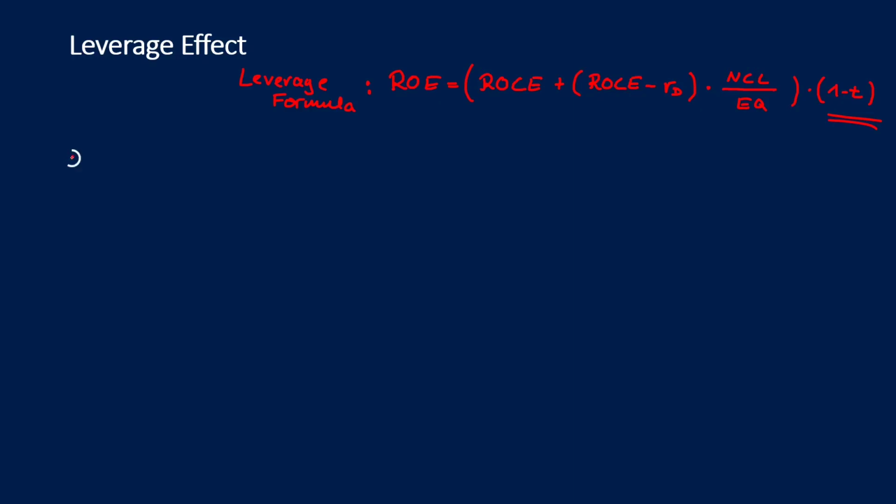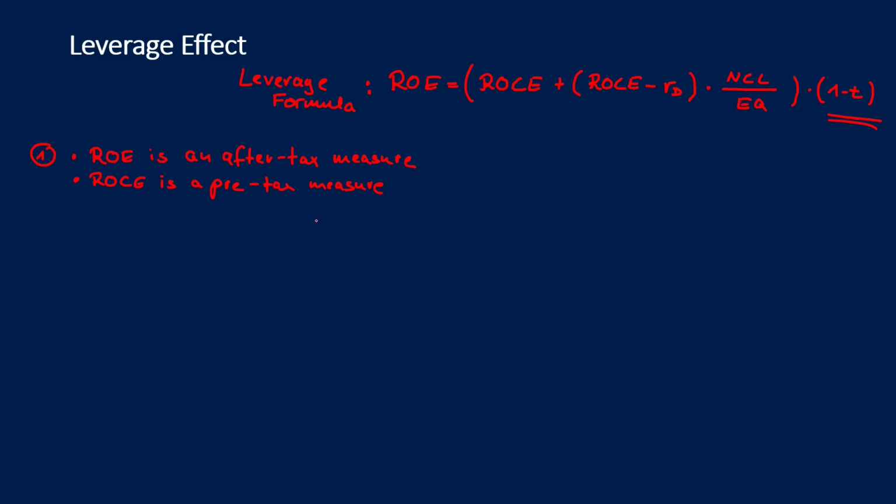So we need to write down that the ROE is an after-tax measure while the return on capital employed is a pre-tax measure. So this is important point number 1.